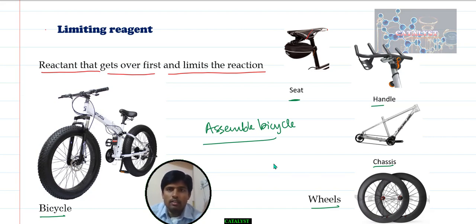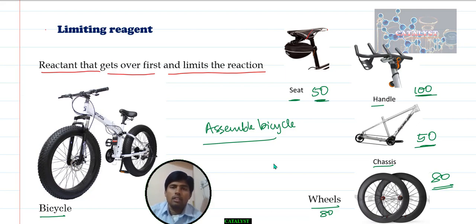Suppose we are given say 50 seats, then 100 handles, then 50 chassis and 80 wheels. So we have 80 wheels, 50 chassis, 100 handles and 50 seats.